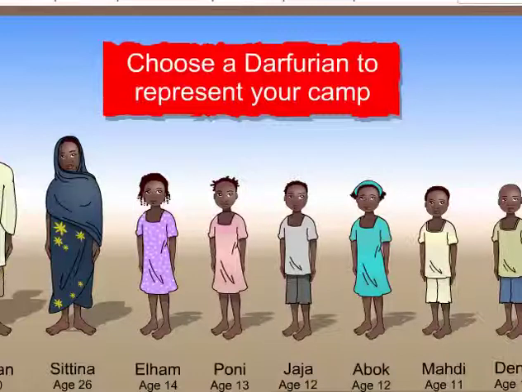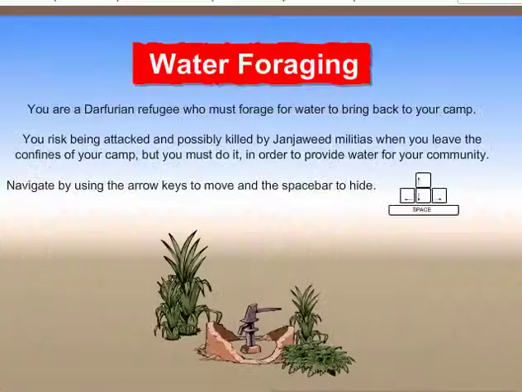So as a person, just a random person playing this game, I go to the game, I start playing it, and I start to see the information about Darfur and the people who live there, and I start to interact with that information and gain knowledge and hopefully wisdom. So in Darfur is Dying, you choose a Darfurian to play as, and your first step is to forage for water.